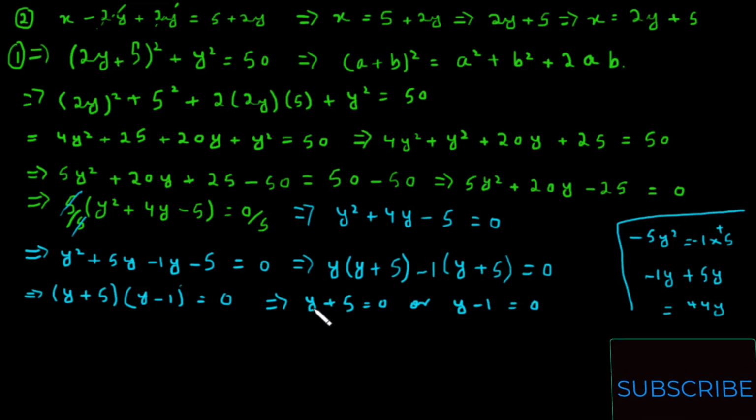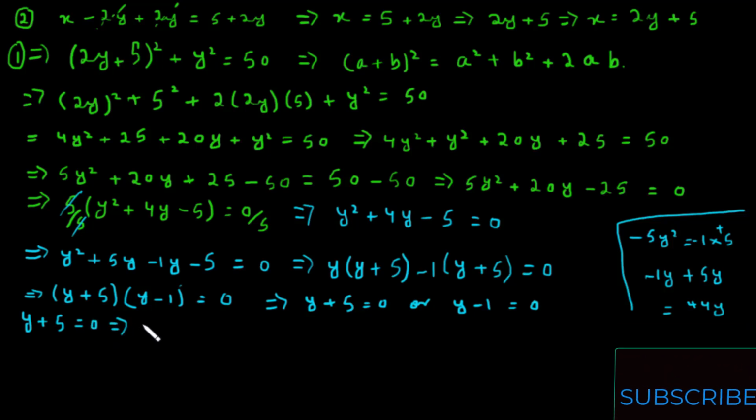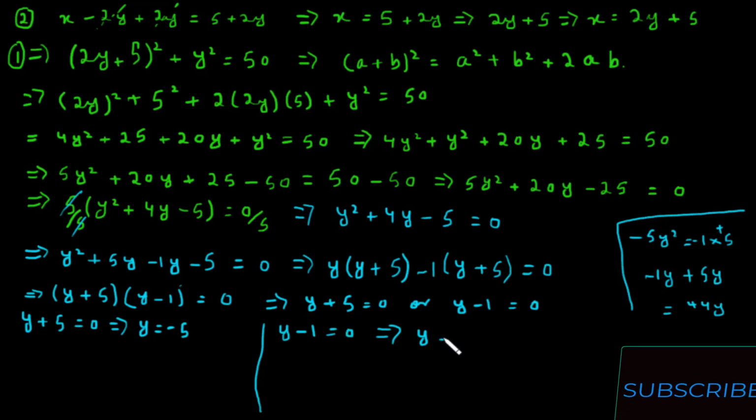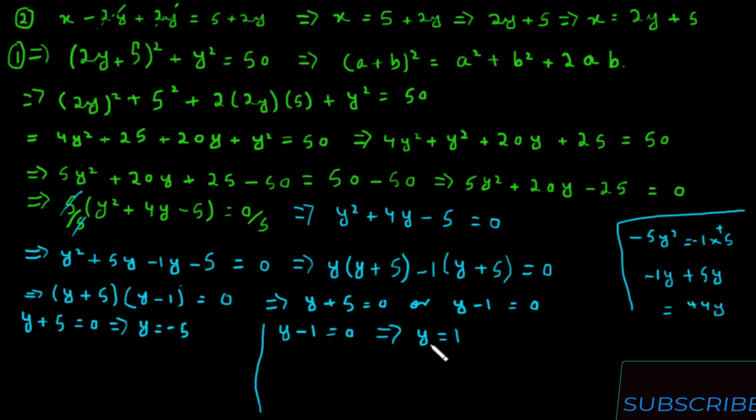So we got two values of y. The first one, when y plus 5 is equal to 0, returns y is equal to minus 5, and when y minus 1 is equal to 0, taking this on the other side of the equality, its sign will be reversed, so y will be equal to 1.